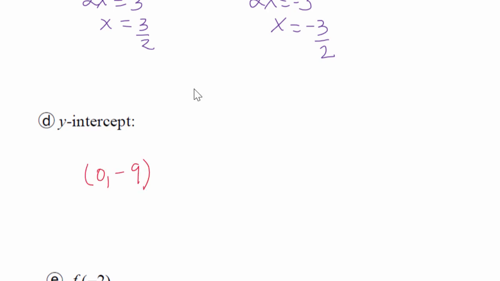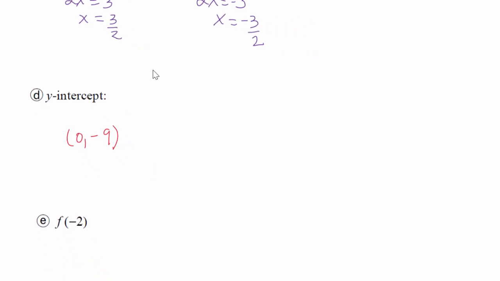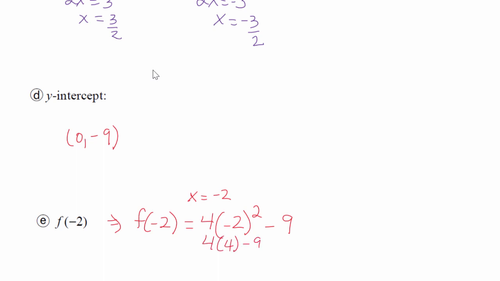And now they want us to find f of negative 2. So let's substitute in x of negative 2. 4x squared minus 9. Then I'm going to square this negative 2, which gives me 4 times 4 minus 9, 16 minus 9, or 7.